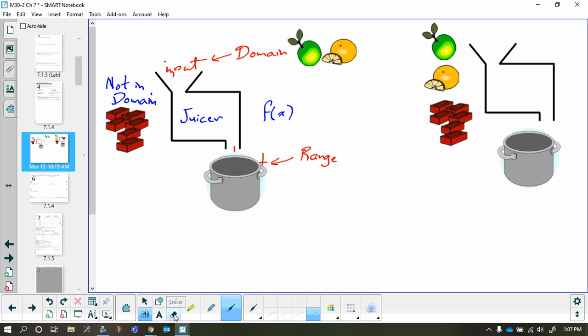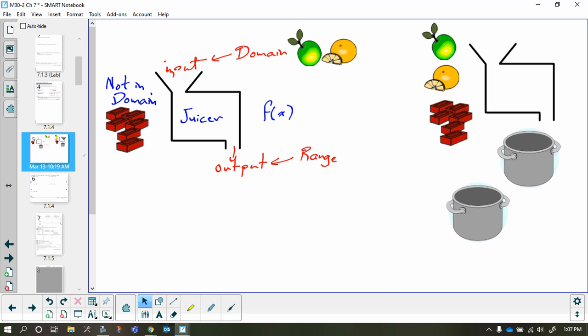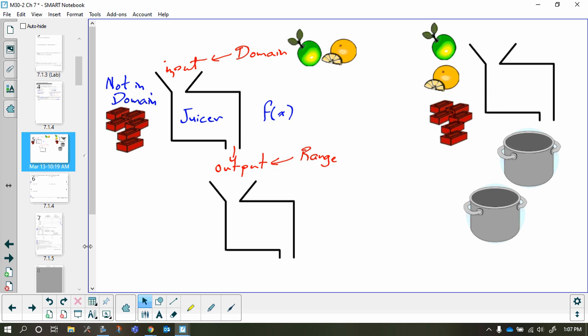Now suppose there were some magical way that instead of just having a pot here, I was to take another machine here and create some kind of unjuicer.